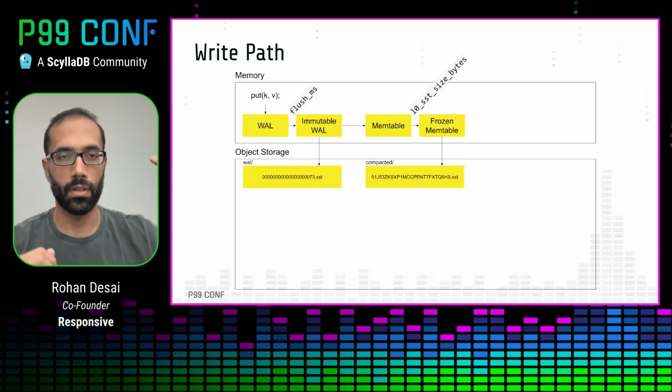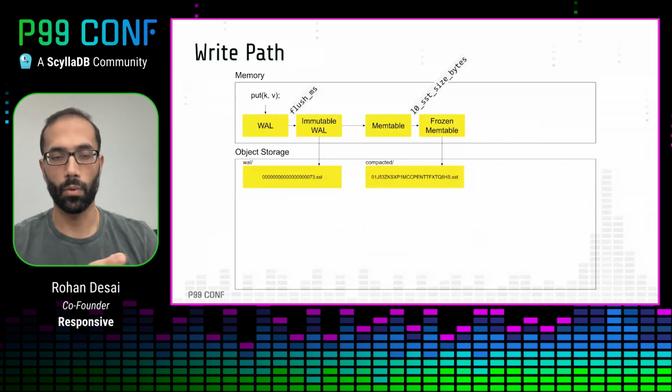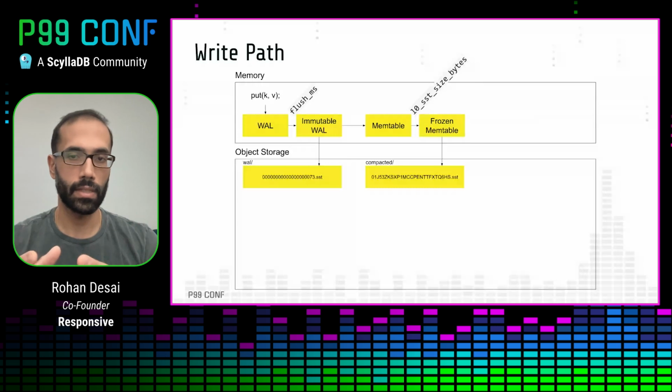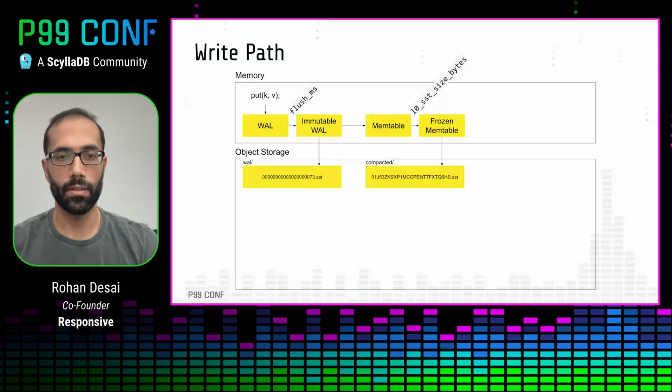When the writer accepts a put, it will first add that put to an in-memory WAL table. Then every flush milliseconds, that WAL table is frozen and added to a queue of immutable WAL tables that are then, in the background, written out to WAL objects in the WAL subtree in the object store.